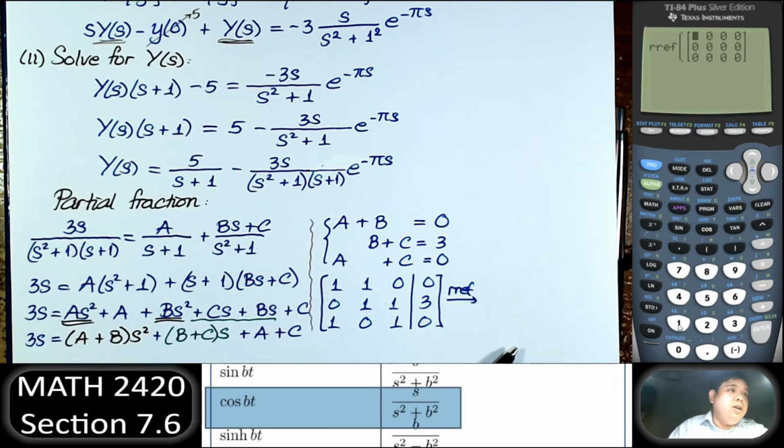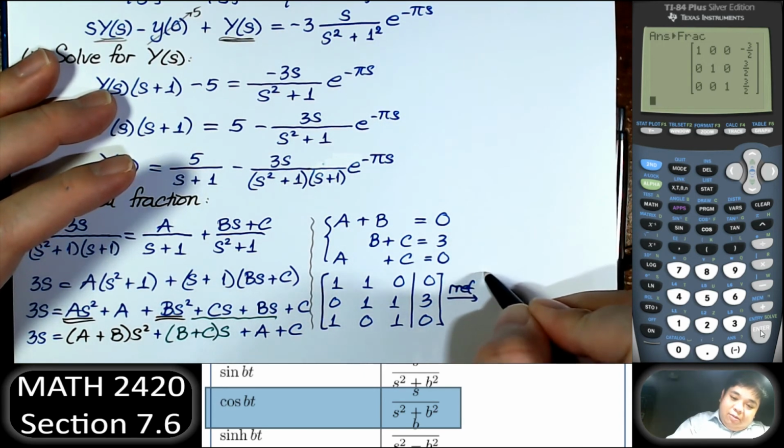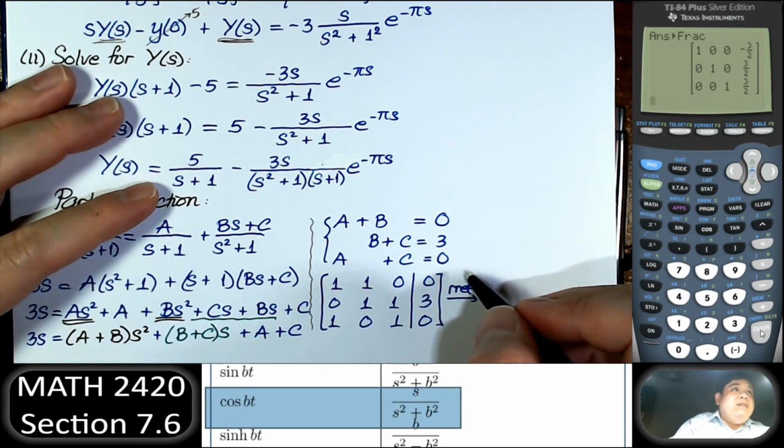Right, that 1, 1, 1, 1, 3, 1 here, and 1 there. Right. Alright, convert to fraction. So when we do that, we have a equal to negative 3/2, b is 3/2, and c is 3/2.